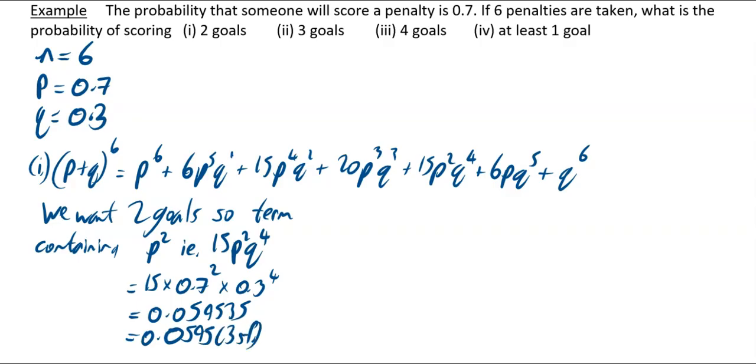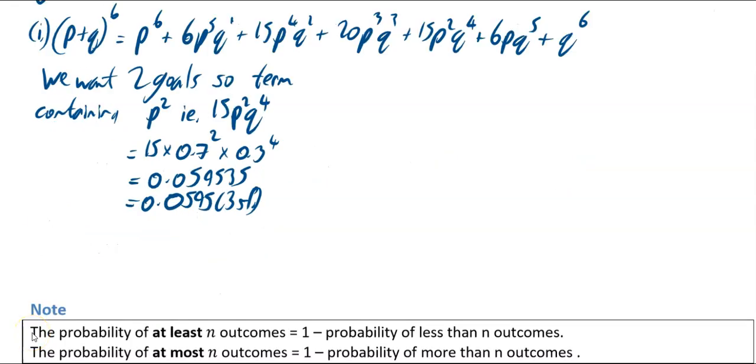So 3 sig figs, because that's typically what they ask you for in a GCSE Further Maths exam. Next question asks you to find the probability of scoring 3 goals. So this is the probability of scoring 3, and it's going to be the term that contains your p cubed. So it's going to be 20 p cubed times q cubed.